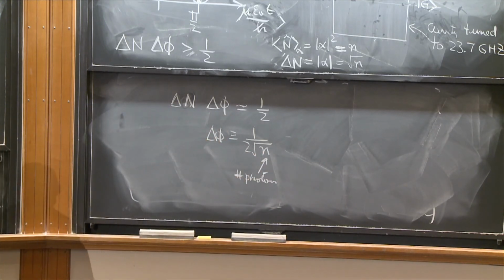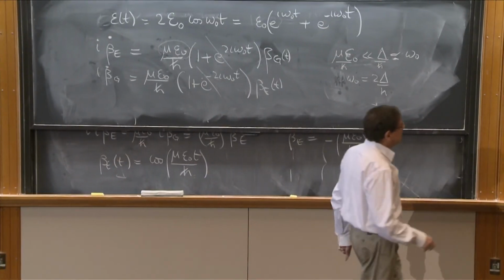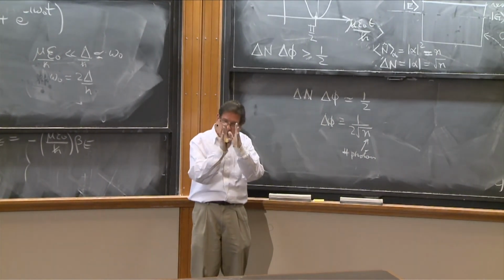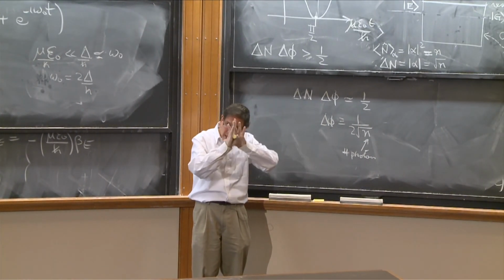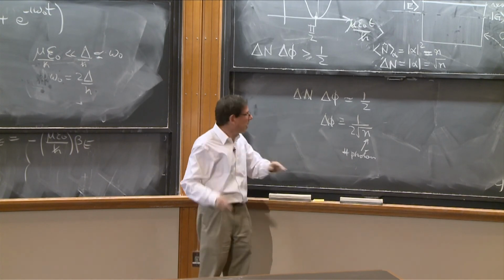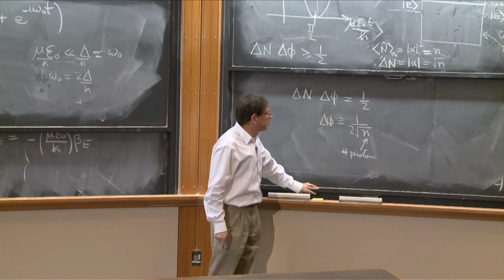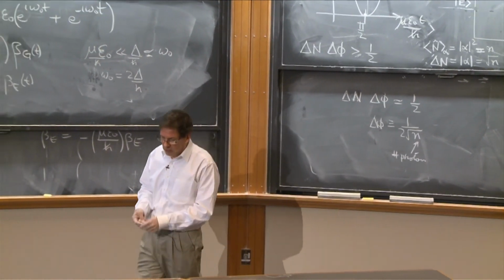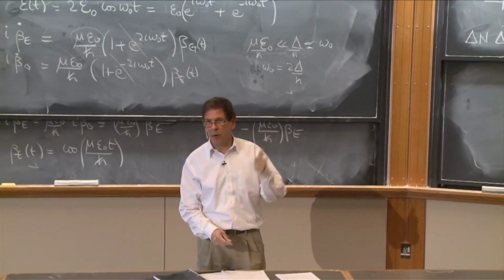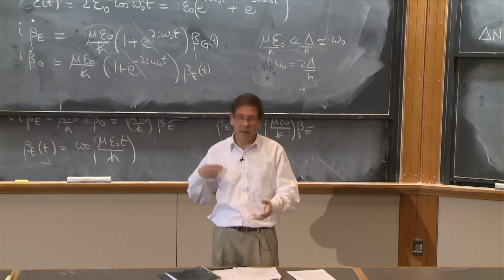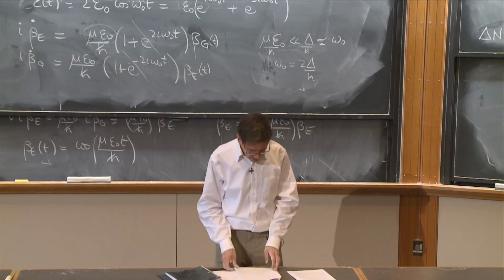And you can imagine a cavity easily can have 10 to the 12 photons, 10 to the 15 photons, something fairly big. And you get a tiny uncertainty in phase. The thing is coherent. All the pieces of that electromagnetic wave, the phases are very coherent up to an incredibly great accuracy. So it's a great discovery and the beginning of many things that were done here, in fact, by Professor Kleppner and others in the 60s with other types of lasers and masers and this whole thing.